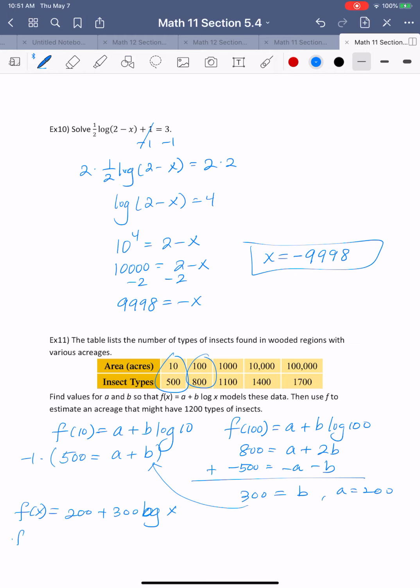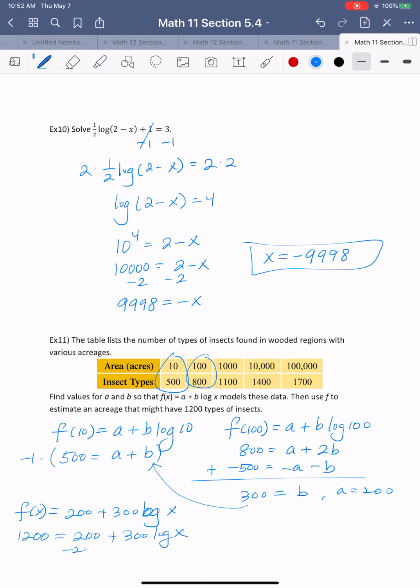Now plug in 1200, which is... oh, the insects is 1200, sorry about that, it's not the acres. So the insects is 1200, and then 200 plus 300 log of x. We're looking for the acres, right?